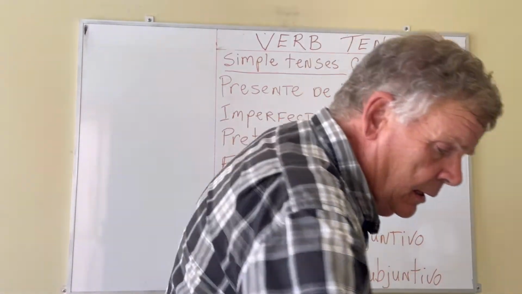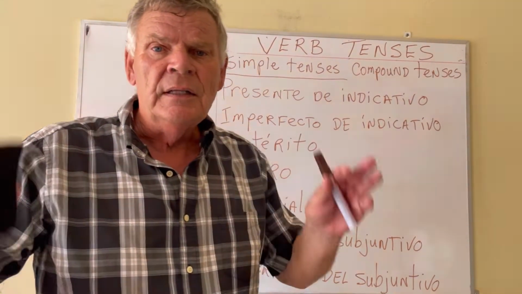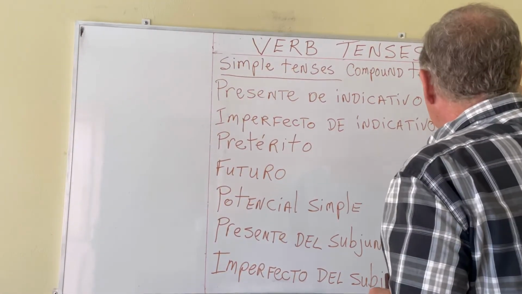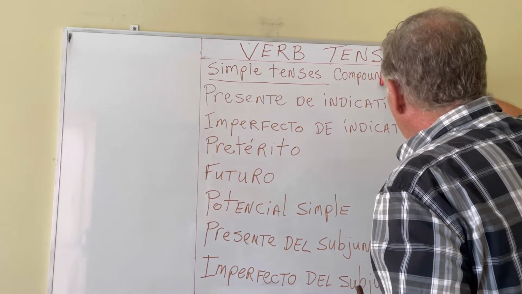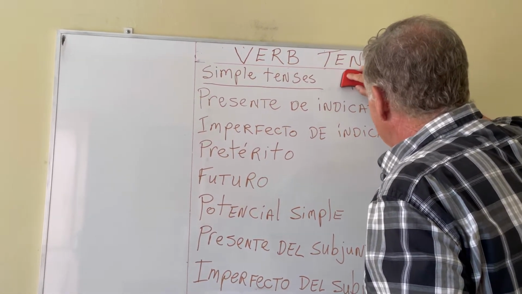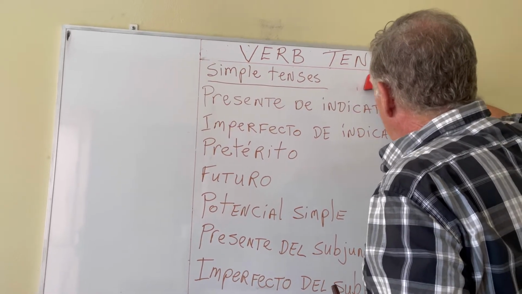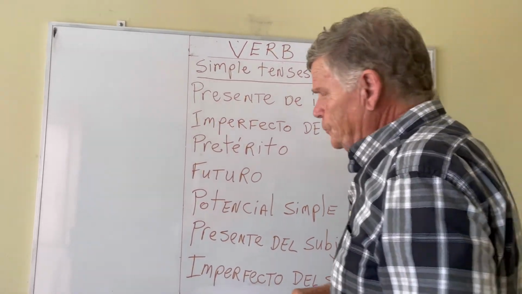Now today, we're going to only talk about simple tenses. So I'm going to eliminate this, compound tenses. I'll just put it here so you're aware that they exist, and we'll talk about them, excuse me, another day.